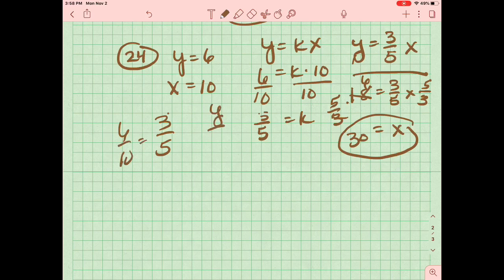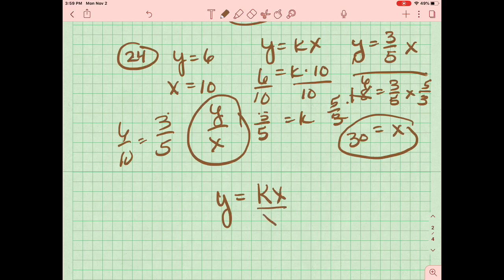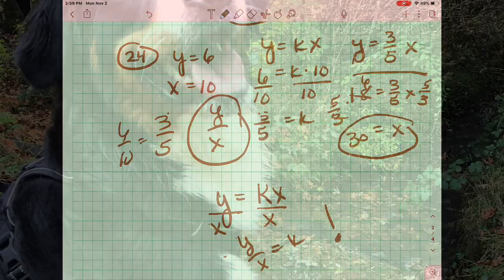So y over x is going to be our constant. And actually, y equals kx. Look what happens if we solve for k. y over x equals k. Aha! All right, so I'll let you work on some problems and practice that.